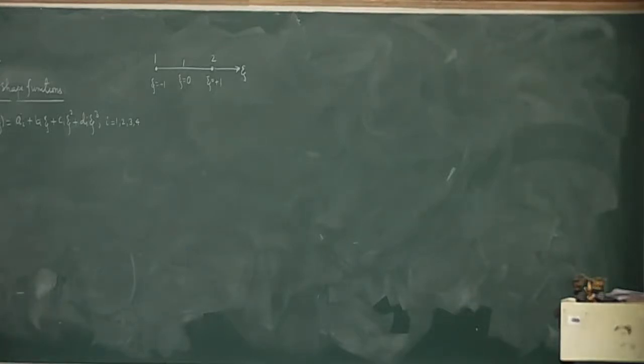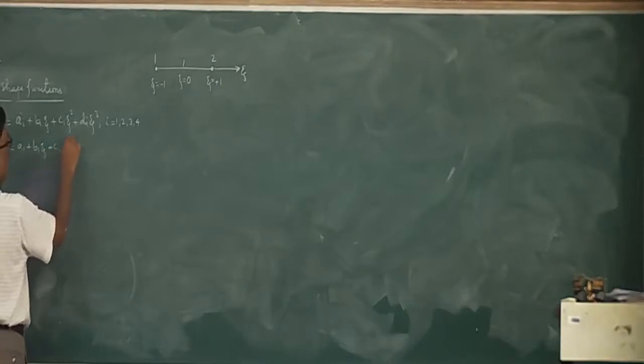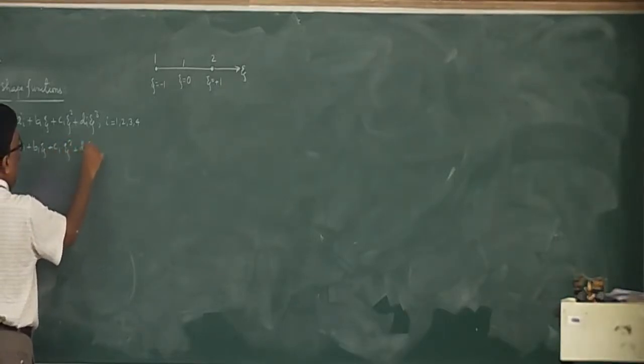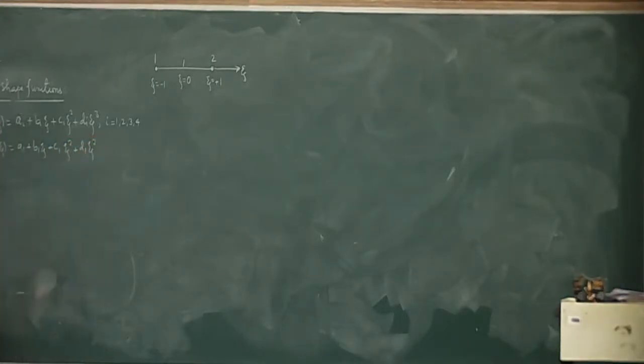So H1 is going to be A1 plus B1 zeta plus C1 zeta square plus D1 zeta cube. Similarly, H2 of zeta is A2 plus B2 zeta and so on, and you will get H3 and H4 likewise. Now, these shape functions are governed by certain relations.